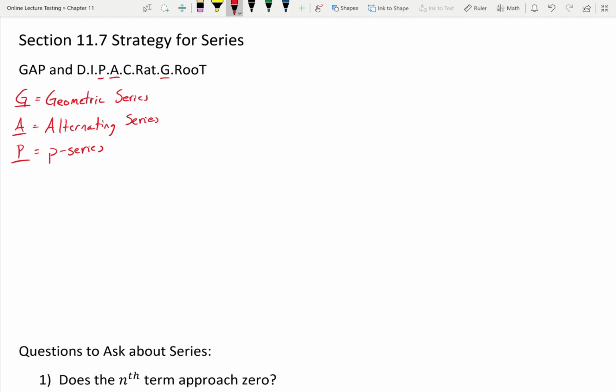All right, but they specifically stand for the other tests that we have out there. So the D part is the test for divergence, sometimes referred to as the divergence test, so that's why I plug both of those in there. So that's where the D is coming from. All right, the I is for the integral test.